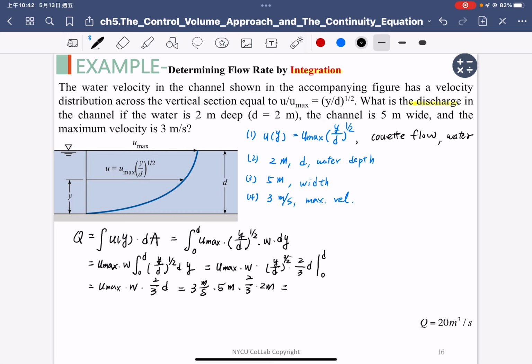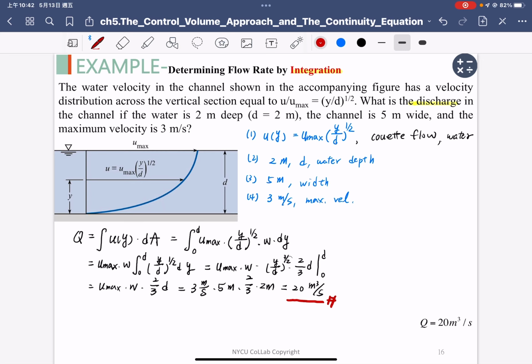So you can compute the final answer, which is equal to 20 cubic meters per second.